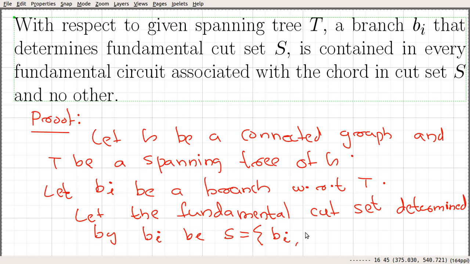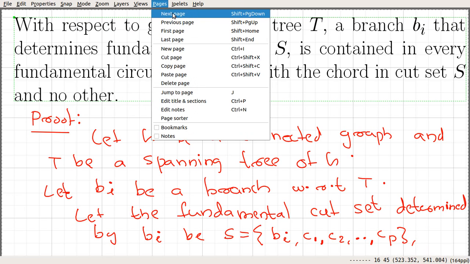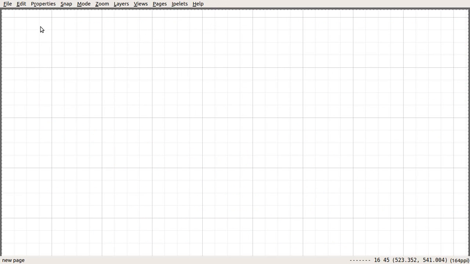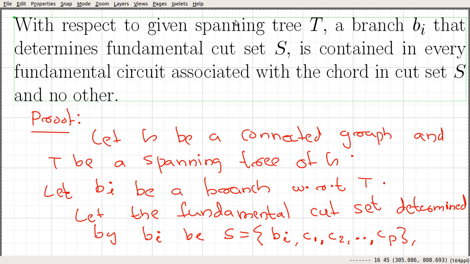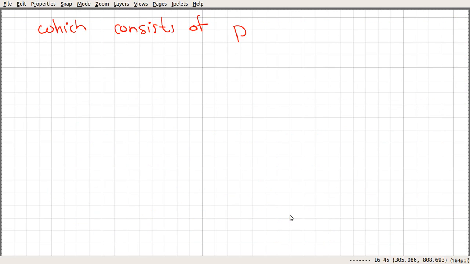Let us suppose that we have P chord edges. So S consists of P chord edges, C1 up to CP, and this branch edge Bi.